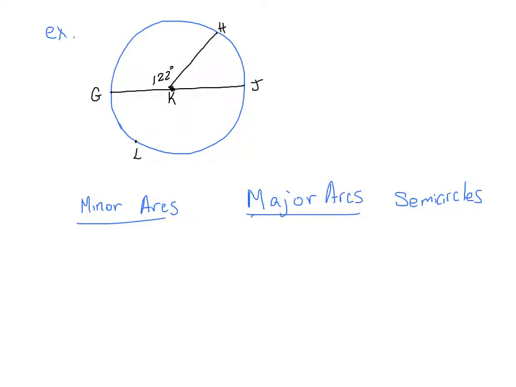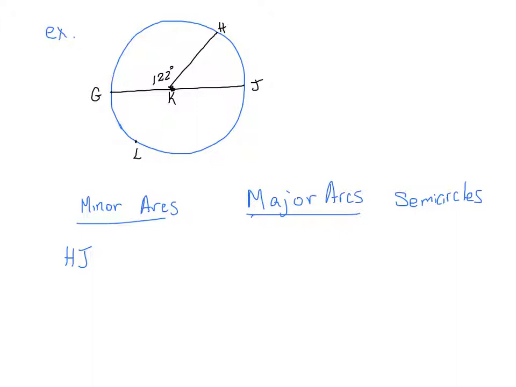Okay, so to make sure everything we discussed is absolutely clear, we're going to go through an example. But before we do, we really need to know how to name our arcs. In this case, we have a minor arc at HJ. We name it HJ conveniently, but remember that HJ is really the length of a segment, and that's not what we're interested in right now.